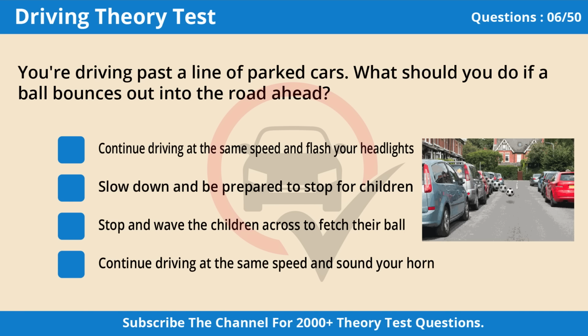Question 6. You're driving past a line of parked cars. What should you do if a ball bounces out into the road ahead? A. Continue driving at the same speed and flash your headlights. B. Slow down and be prepared to stop for children. C. Stop and wave the children across to fetch their ball.